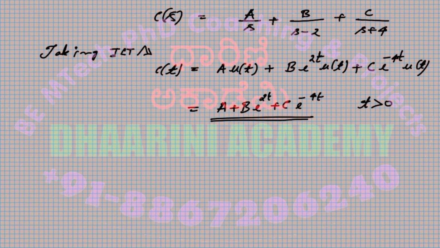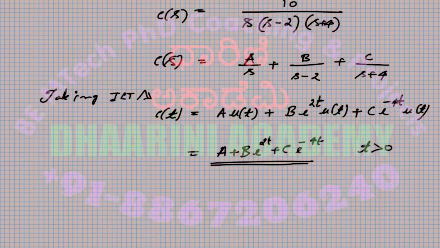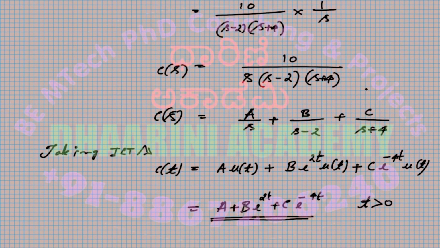Now let us try to find out the various parameters over here. What are the system poles? S minus 2, S plus 4. Corresponding to them, the roots you get are S equal to plus 2 and S equal to minus 4. And there is one excitation pole, that is S equal to 0, from 1 by S. Just equate the denominator to 0 to get the roots.